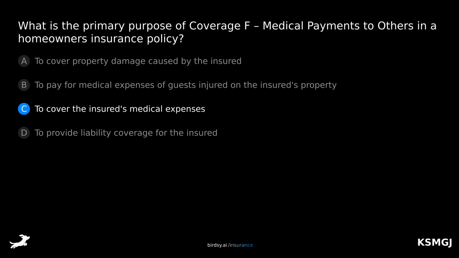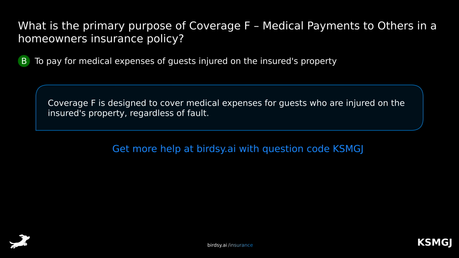C, to cover the insured's medical expenses? Or D, to provide liability coverage for the insured? The answer is B, to pay for medical expenses of guests injured on the insured's property. Coverage F is designed to cover medical expenses for guests who are injured on the insured's property, regardless of fault.